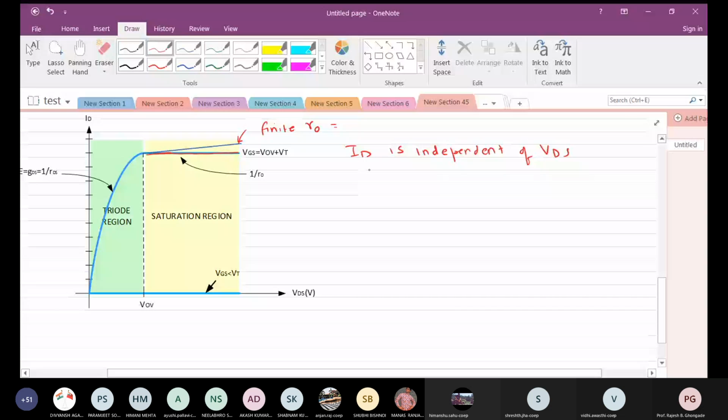But in practice, for a practical device, when VDS is increased beyond VOV, that is this point, it does have an effect. It affects the channel.